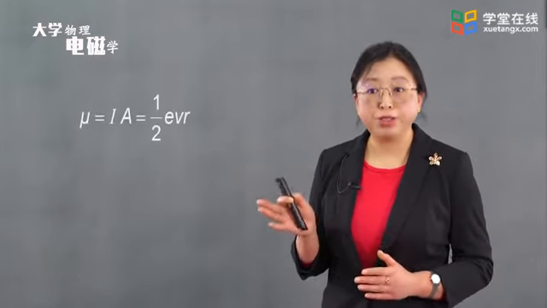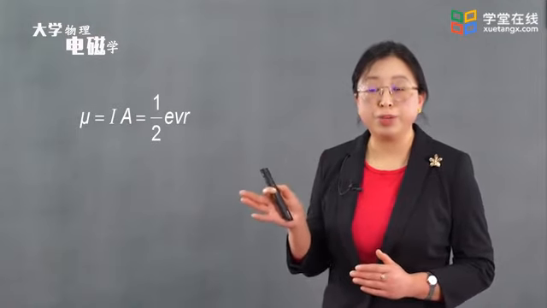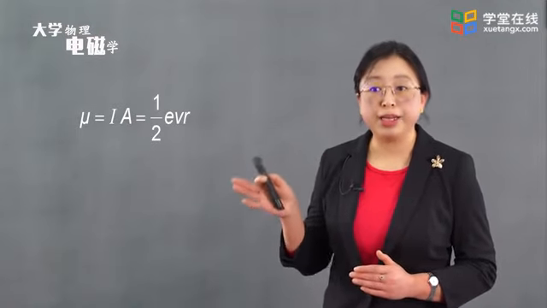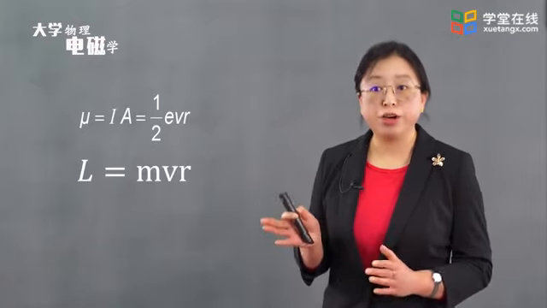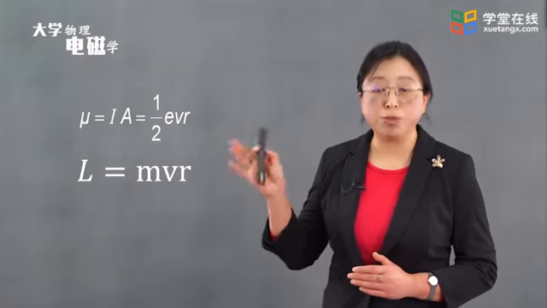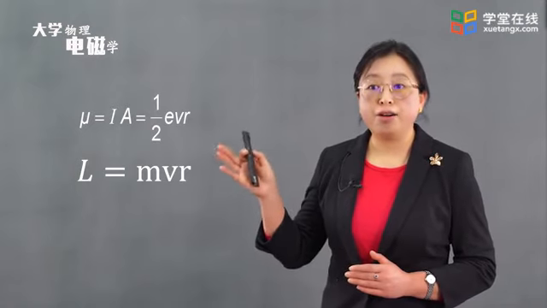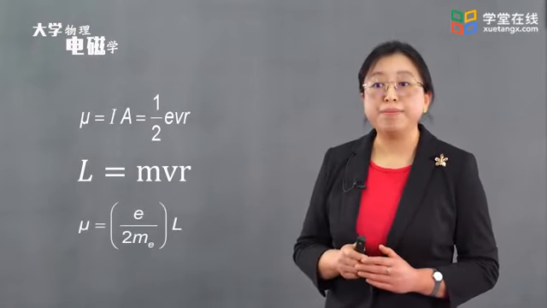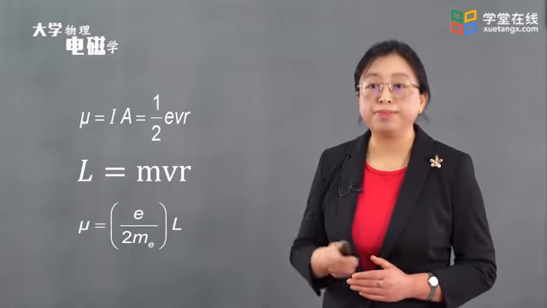Thus, the magnitude of the magnetic moment associated with this current loop is yielded by substituting I and A. Because the magnitude of the orbital angular momentum of the electron is given by L equals mvr, the magnetic moment can be rewritten in terms of the angular momentum.